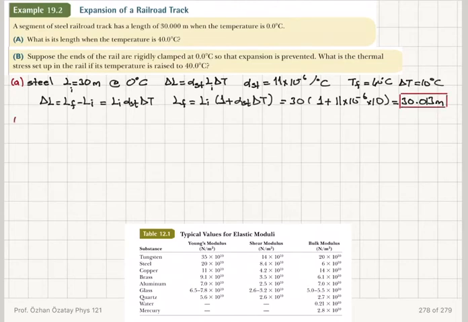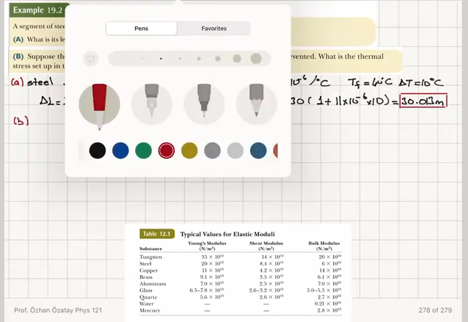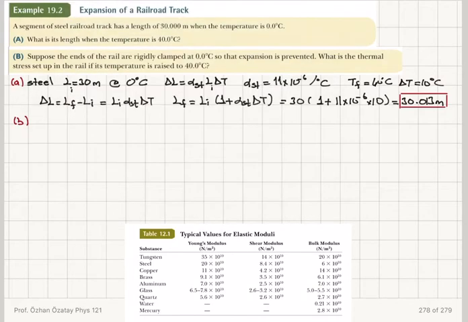Now part B says, suppose the ends of the rail are rigidly clamped at 0 degrees C so that expansion is prevented. What is the thermal stress set up in the rail if its temperature is raised to 40 degrees C?